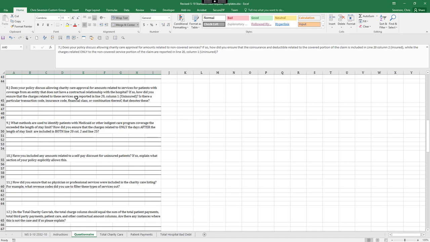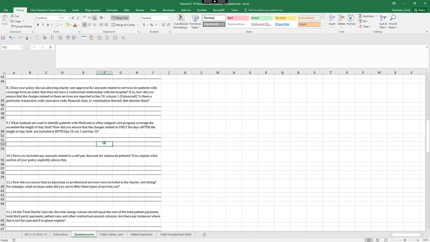So in that situation, the charges related to that claim are going to be reported as uninsured because there arguably is no coinsurance and deductible amount. The entire amount is due from the patient. So is there a particular transaction code, insurance code, financial class, or some combination that denotes these situations? We need to identify this to be able to understand the amounts you're reporting on the template.